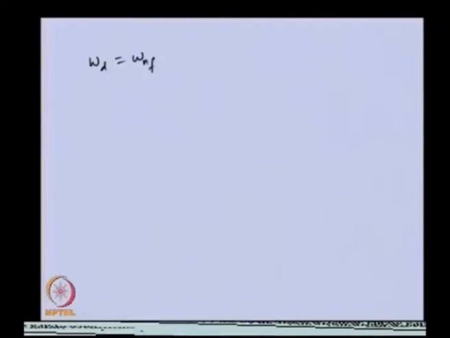We can see that the damped natural frequency is related to the undamped one like this, where zeta is the damping ratio. So if damping is there, either positive or negative, because of this square term, the damped natural frequency will always be decreasing. So the frequency during self-excited vibration will be the damped natural frequency, and in this case zeta is generally very small.